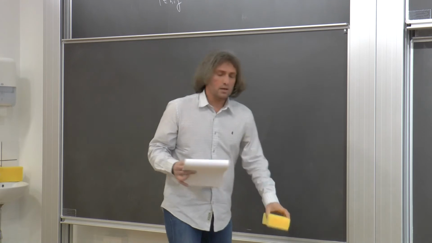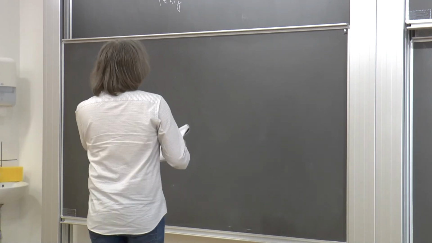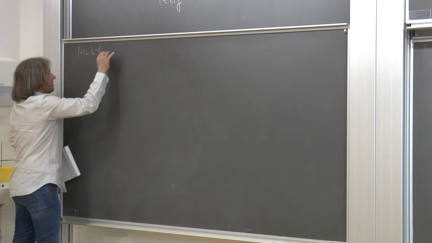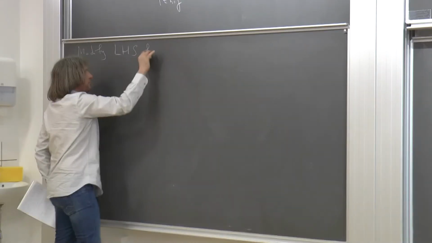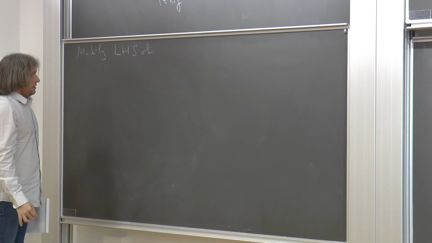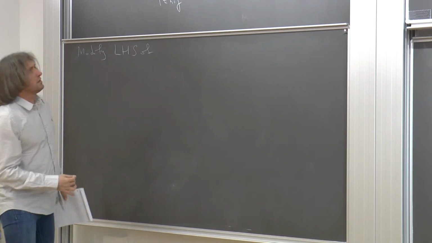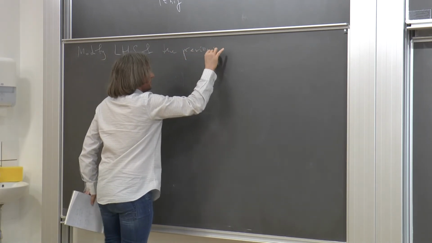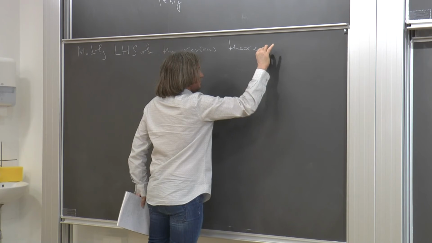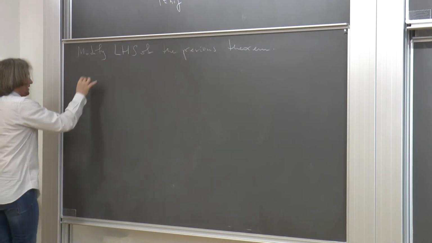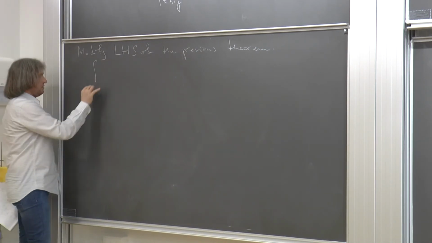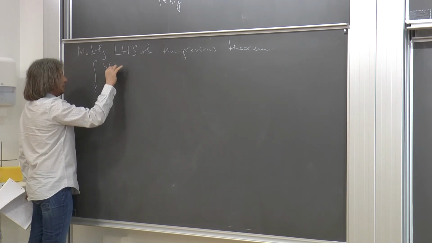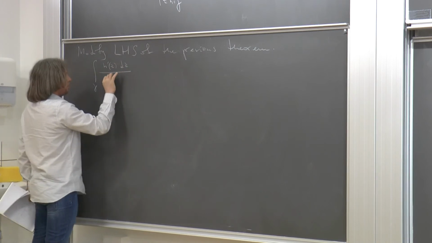Let's see how we can modify the left-hand side of this theorem. So we were integrating over gamma h prime of z dz over h of z.